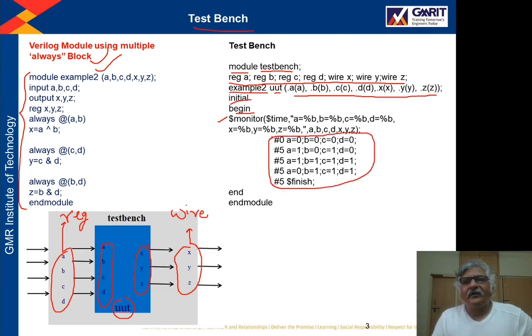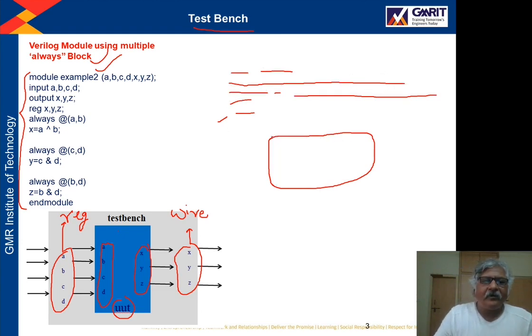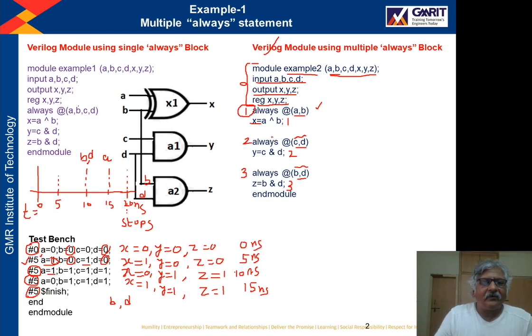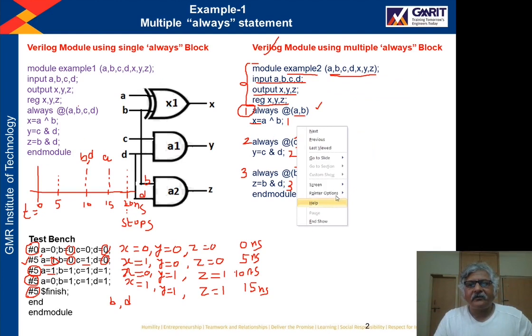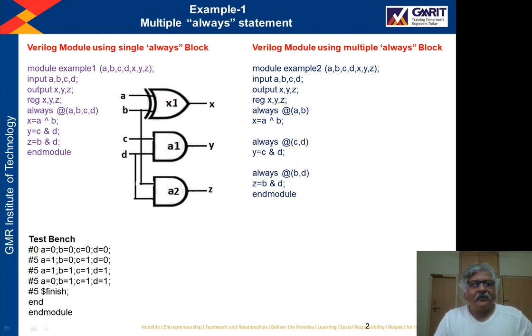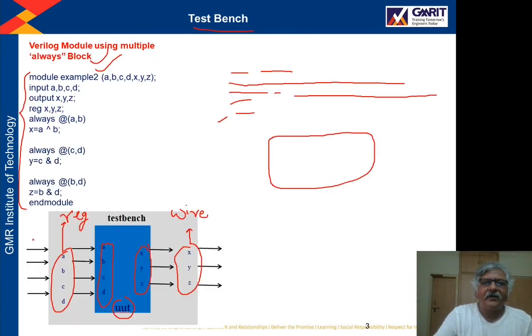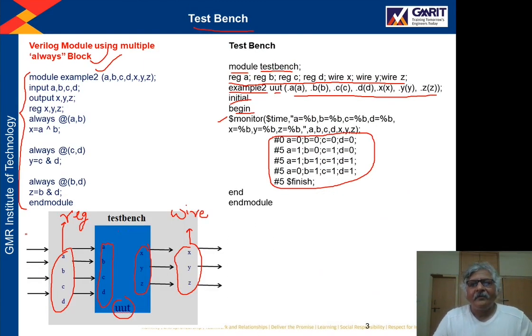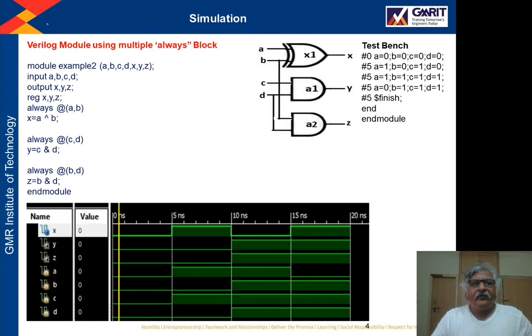We have taken the same values, whatever we have discussed in this particular case, the same values we have assigned here in the test bench also. Okay, so this is our test bench.